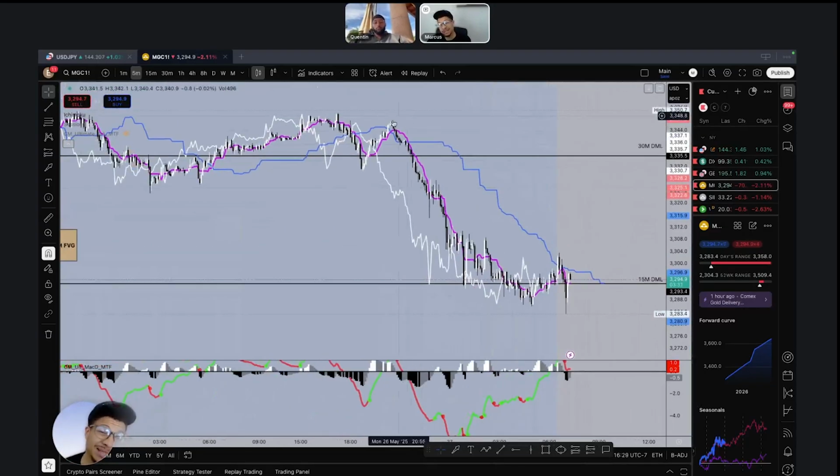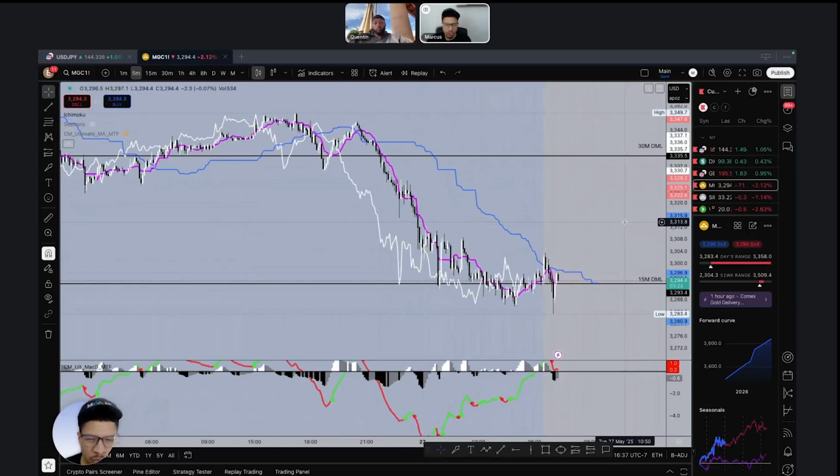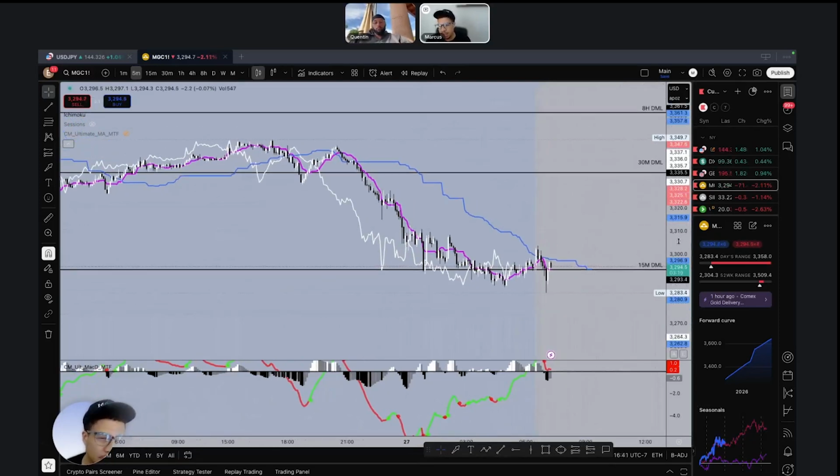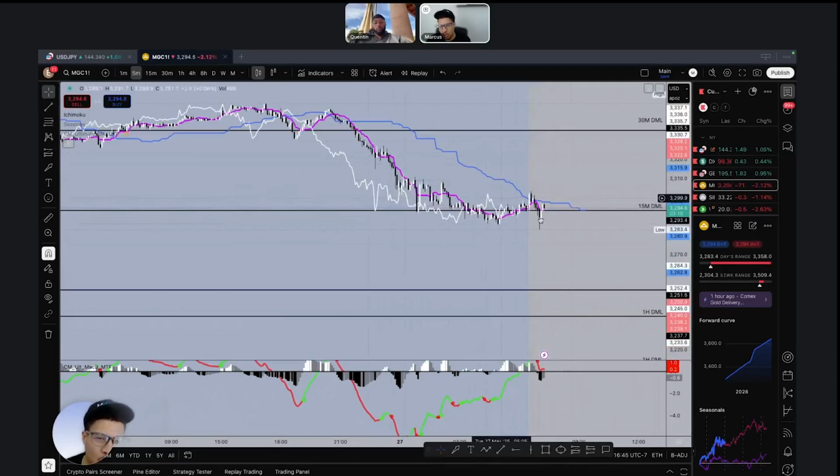But since we got this very large move down here, even though we've got some stuff to not really support the risk off state, safe haven demand, I don't think sellers have enough pressure to push gold down more. I could be wrong.